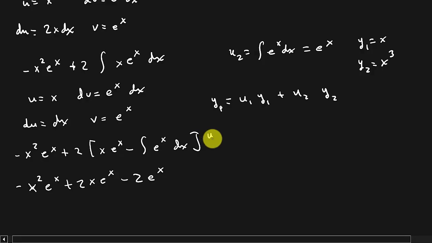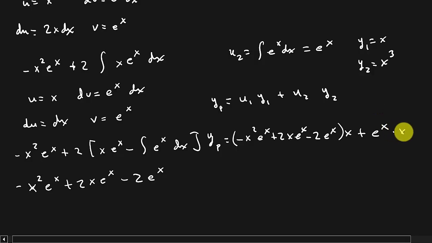So I get yp is equal to u1, which is negative x squared e to the x plus 2x e to the x minus 2 e to the x, times x, plus u2, which is e to the x, times y2, which is x cubed.